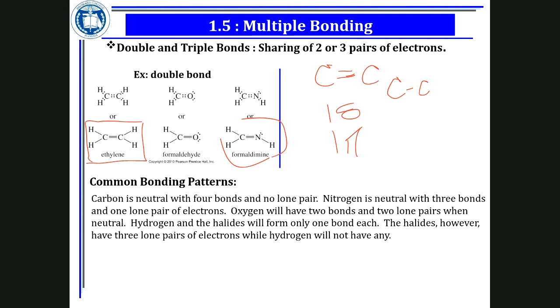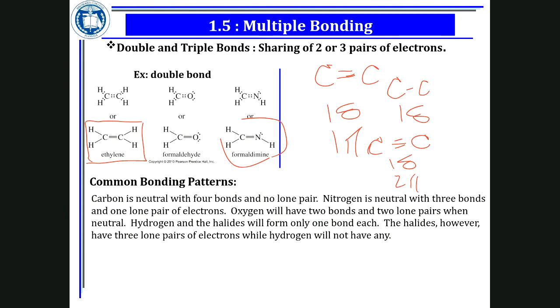So carbon-carbon single bond is 1 sigma bond. When you have multiple bonding, the first one is always sigma. So we have 1 sigma and there's only 1 sigma bond. Any additional is going to be pi bond. If you have a double bond, you have 1 additional bond and that is a pi bond. If you have a triple bond, you have 2 additional bonds and that is 2 pi bonds.